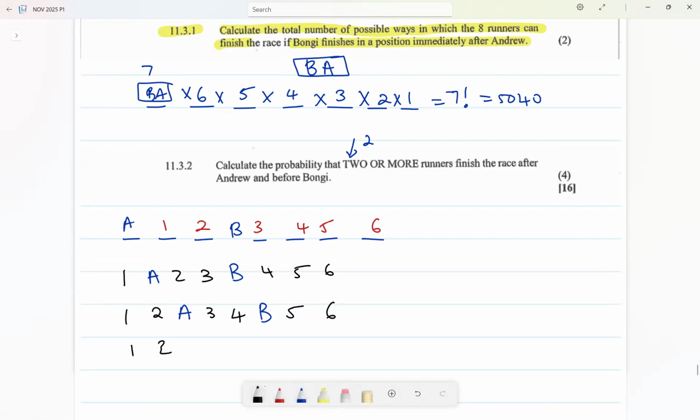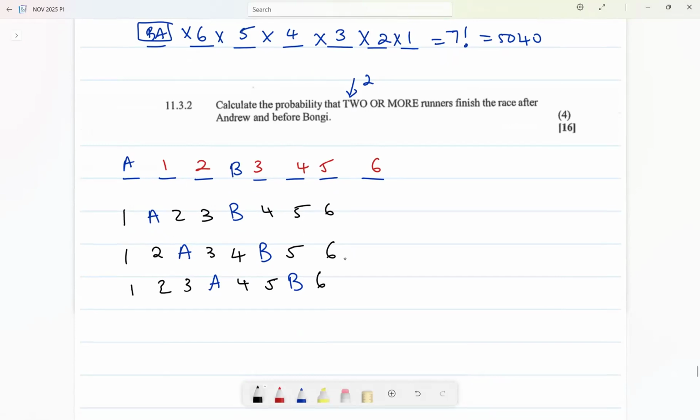Or it can be 1, 2, 3, Andrew, 4, 5, Bongi, 6. Or the last one can be 1, 2, 3, 4, and then Andrew, 5, 6, Bongi.